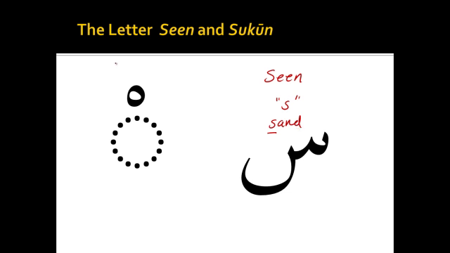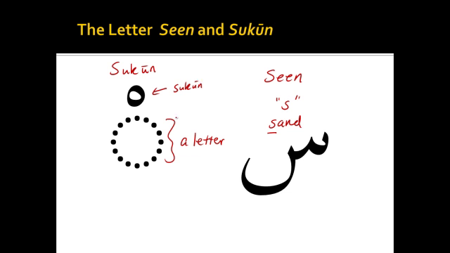And the Sukoon here, we call this Sukoon. And the Sukoon is what we call a non-vowel. Actually, it is a non-movement on top of a consonant or long vowel. And so this circle here represents a letter, as usual, and this is what we call the Sukoon.